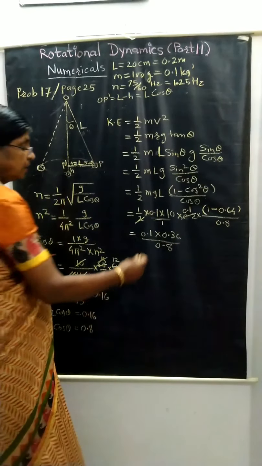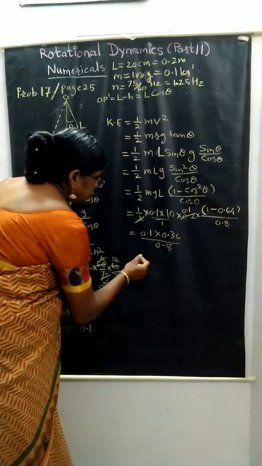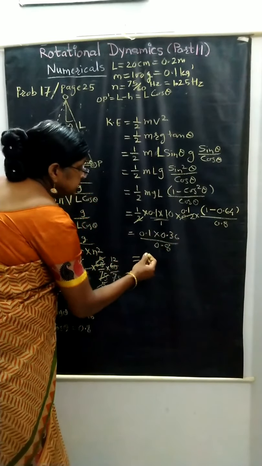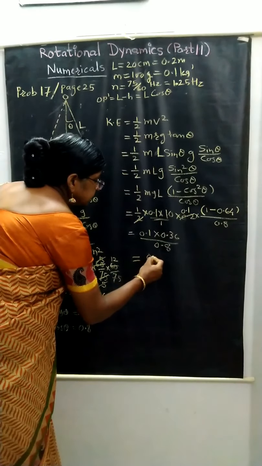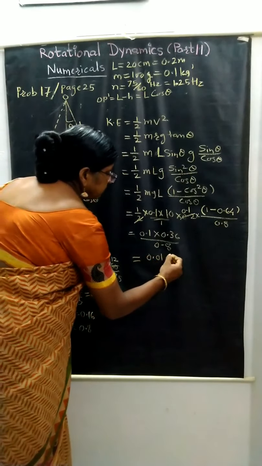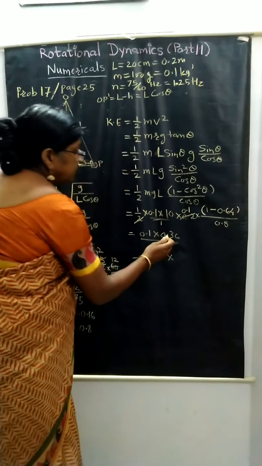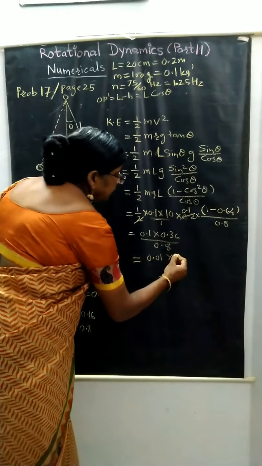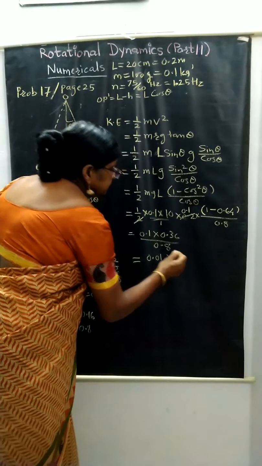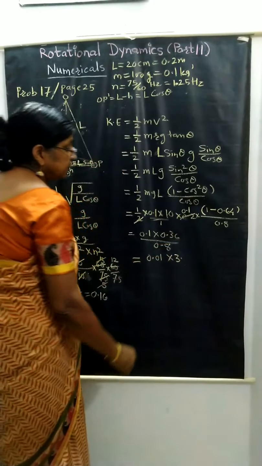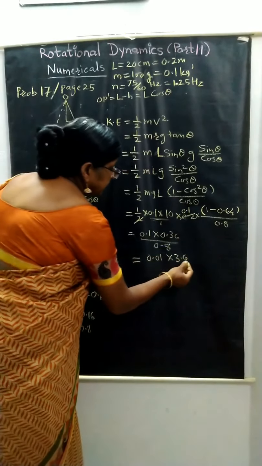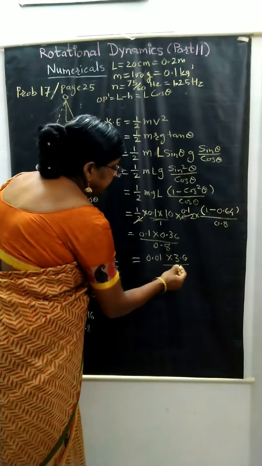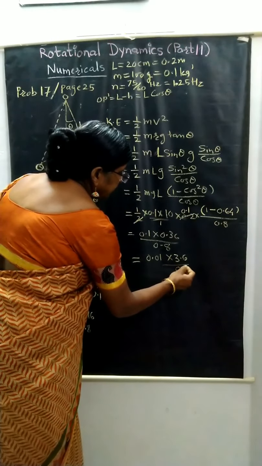So when we multiply this, or I may write down, this is equal to 0.01 into, this point is displaced by one place to the right, so that it becomes 3.6 divided by 0.8.